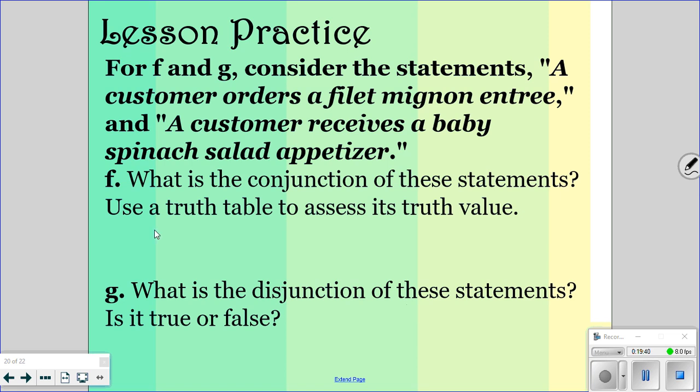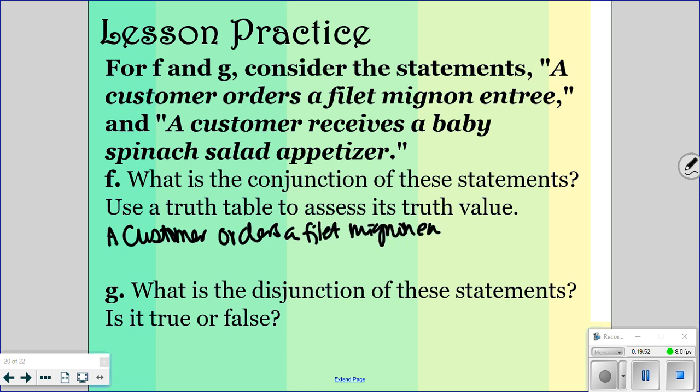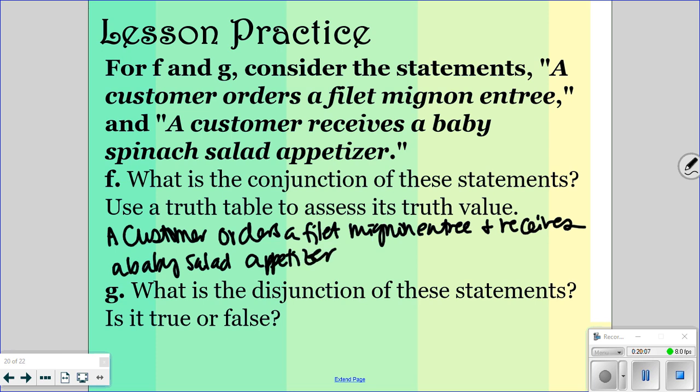The conjunction is going to be a customer orders a filet and receives a baby salad appetizer. And then the disjunction is going to change this and to an or. And it says use a truth table to assess its truth value.